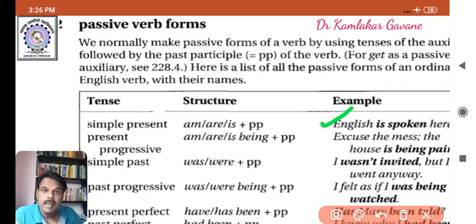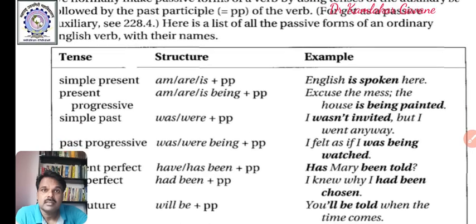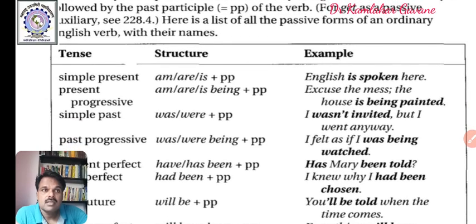This sentence is in passive voice. Here English is emphasized. The speakers are not important. Who speaks is not important. English is spoken here. By whom? By them. But the by agent is hidden, or it is not required there.